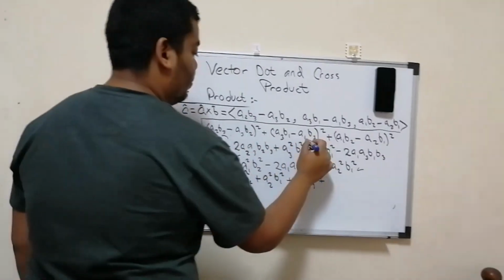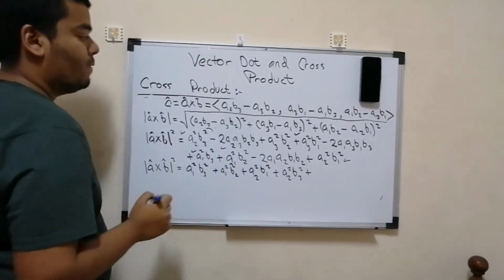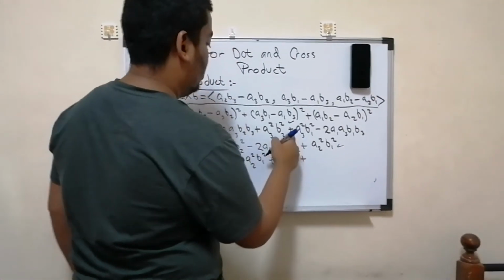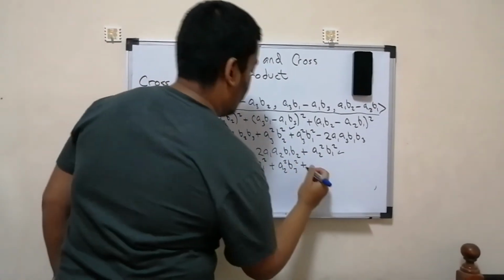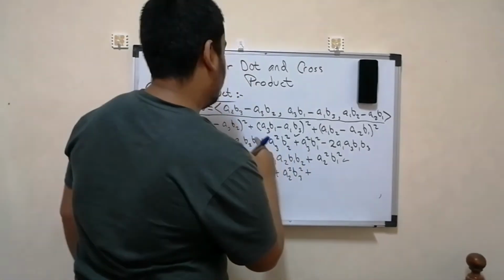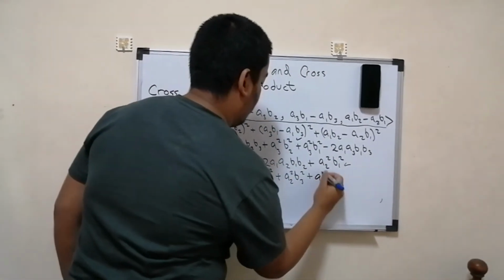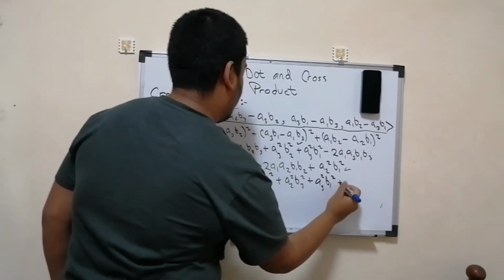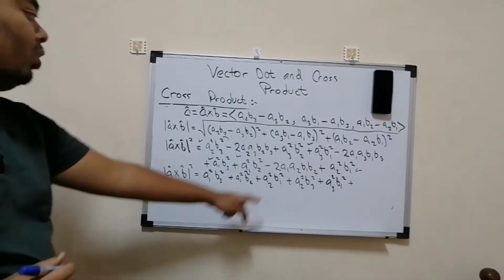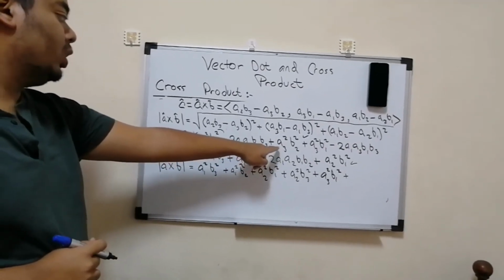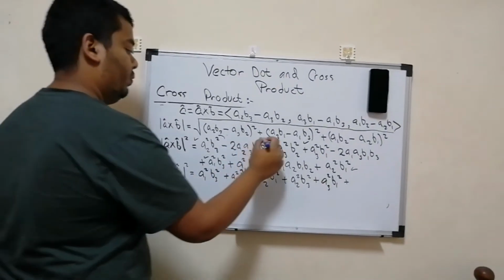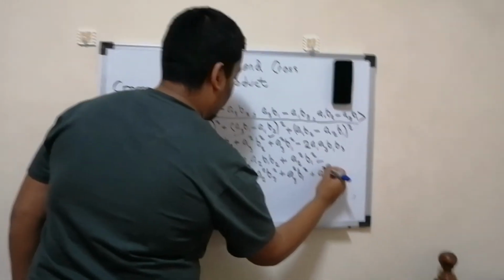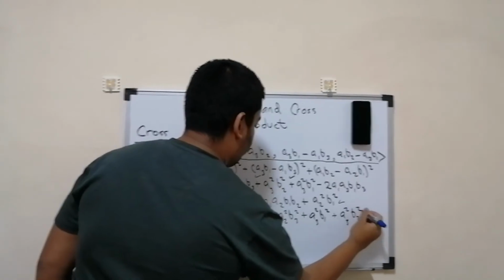We have one right here, A3 square B1 square, and then we have one right there, A3 square B2 square.